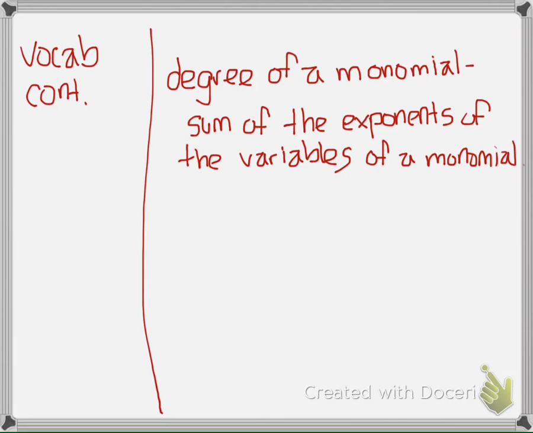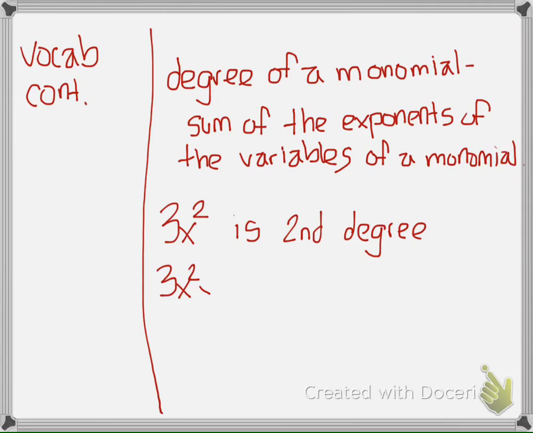So examples of this. I have 3x squared. That's a second degree, because there's only one variable and its power is 2. Let's see 3x squared y. Well, I see an exponent of 2 for x and an exponent of 1 for y.